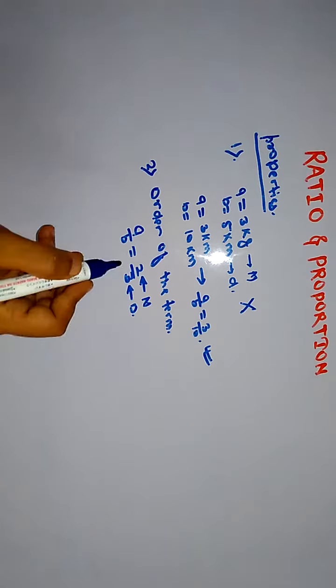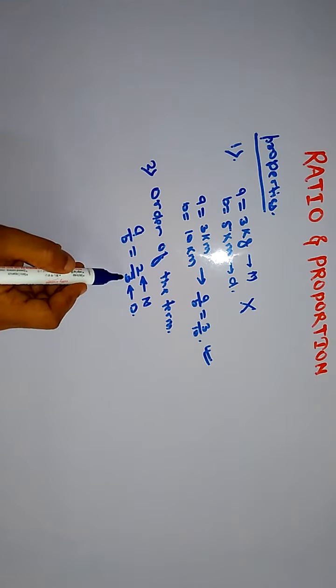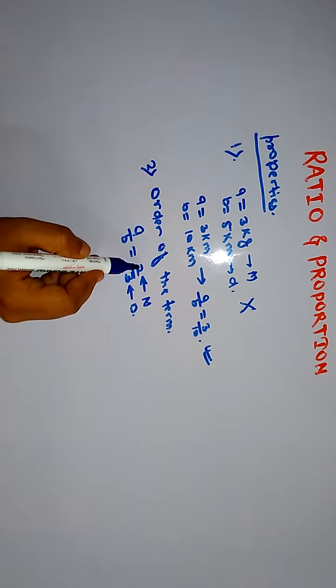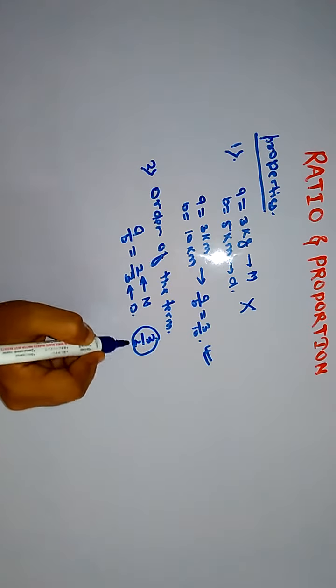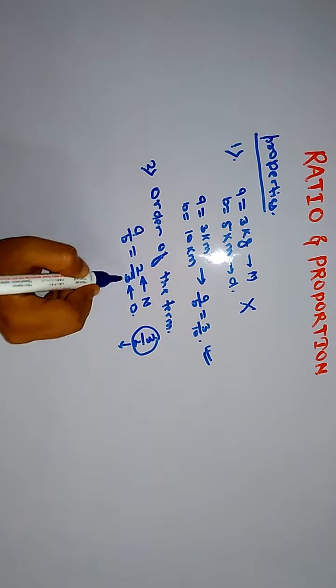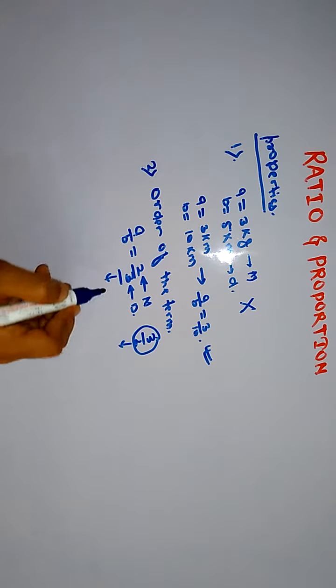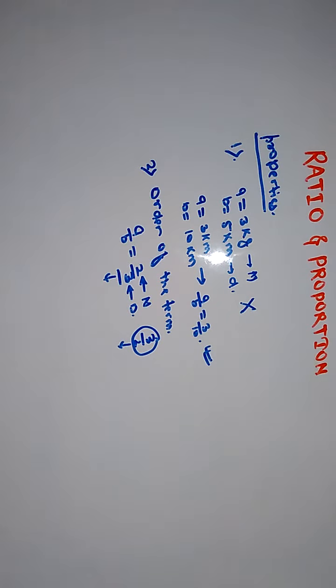We can't change the order and write 3 in the numerator and 2 in the denominator. If I write 3 by 2, then this ratio is different from the earlier one. So the order of the term is also very important. This is the second property.